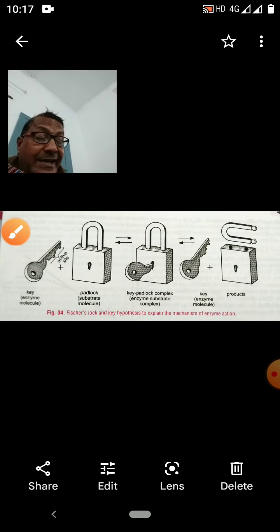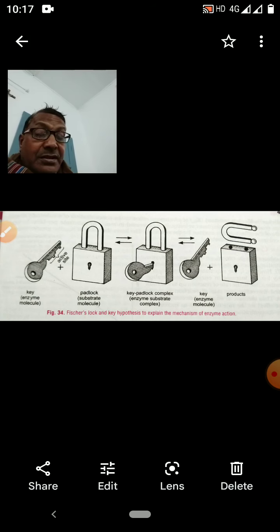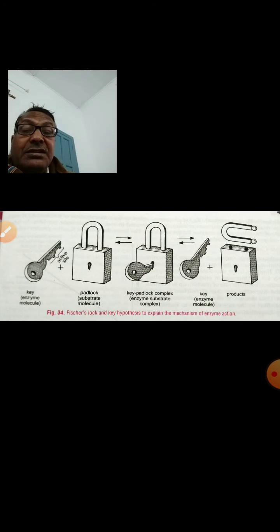So the active site is the notch portion of the key, and this key can unlock the lock. Like that, molecules of enzyme and substrate can attach.